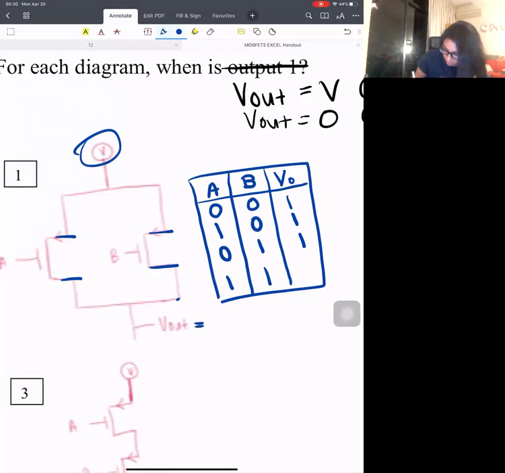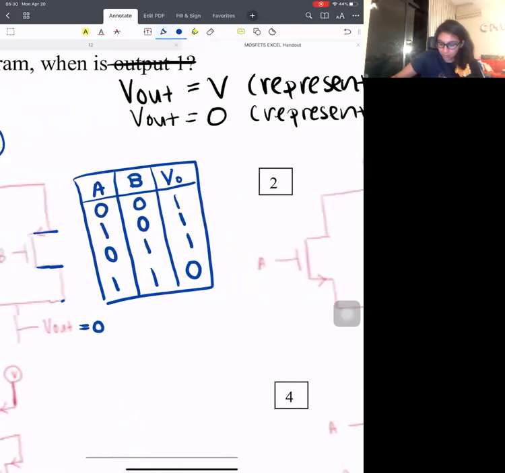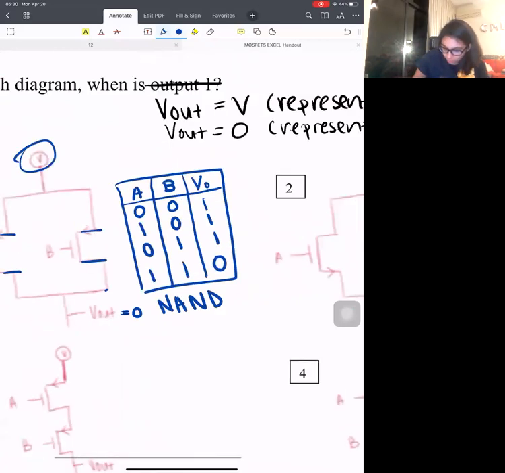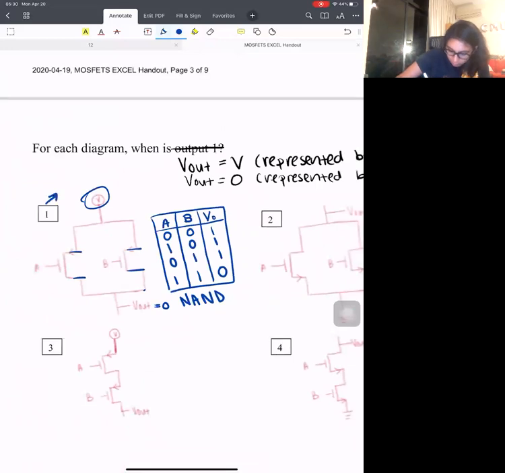So this V out is going to be 0. And so we're going to represent that with a 0. And as you can see, if you look at this as a truth table, this represents the NAND truth table. So this means that number 1 is how to represent NAND as PMOS.